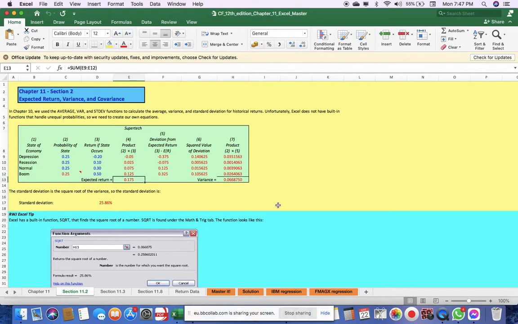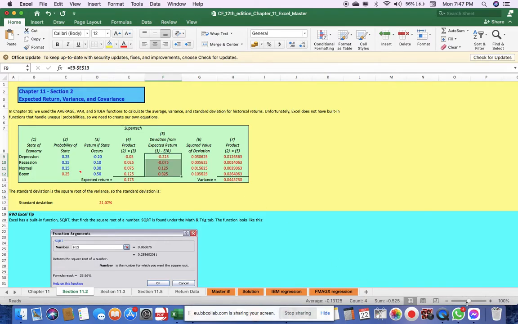Now, for calculating the standard deviation, variance and covariance, we calculate the deviation from the expected return. How did we calculate that? From the return minus the expected return, and the expected return remains constant for all the economic conditions. So freeze it by F4, enter. Then just go down and fill it.